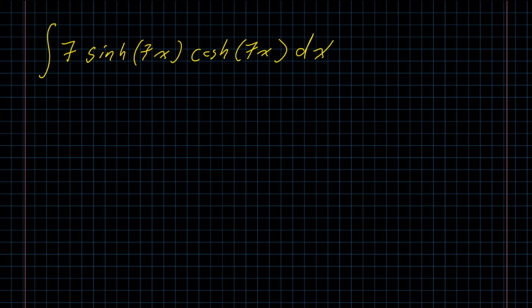This is a mess. This is a product of two hyperbolic functions. There are two ways of going about it, both of which are fairly straightforward. I'm not going to say that one is better than the other.